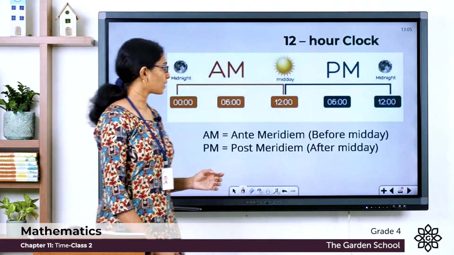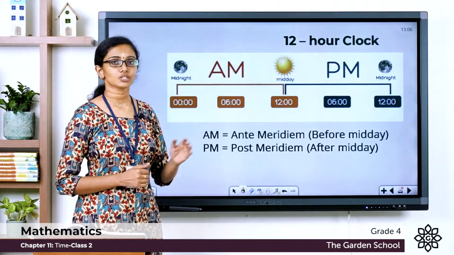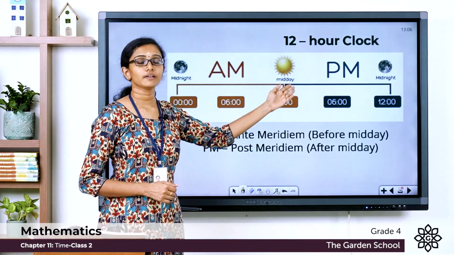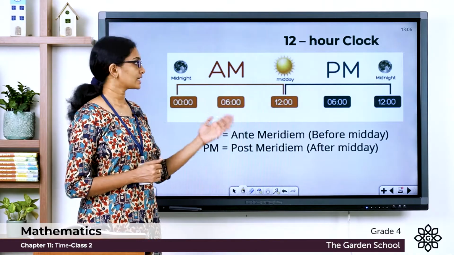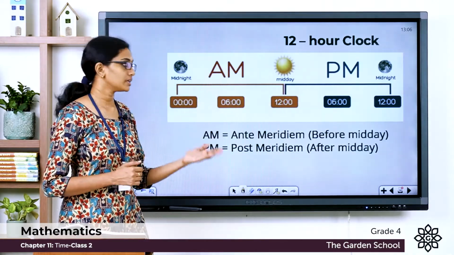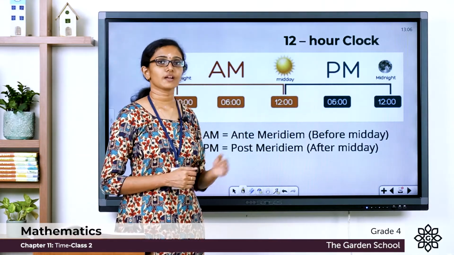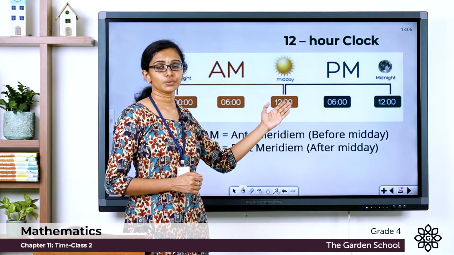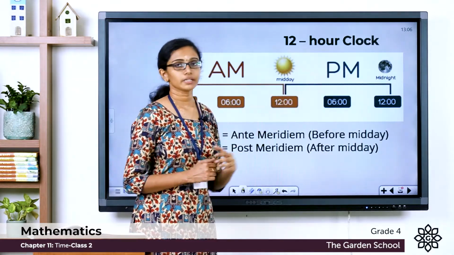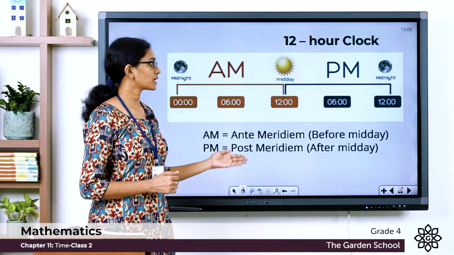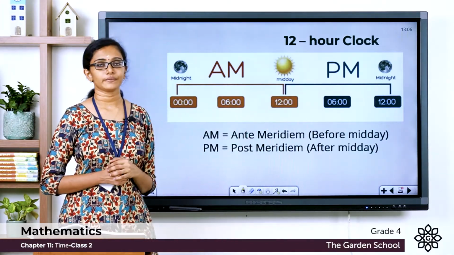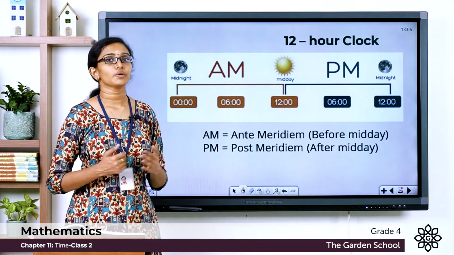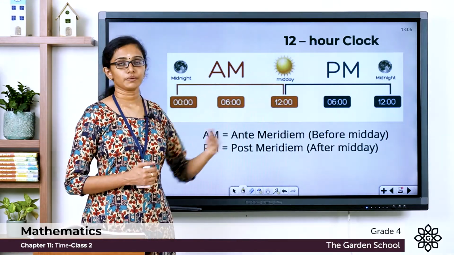The time from 12 in the midnight to 12 in the noon or midday is called ante meridiem and it is denoted by AM. It means before midday. And from 12 in the midday to 12 in the midnight, that is called post meridiem or PM, and it means after midday.